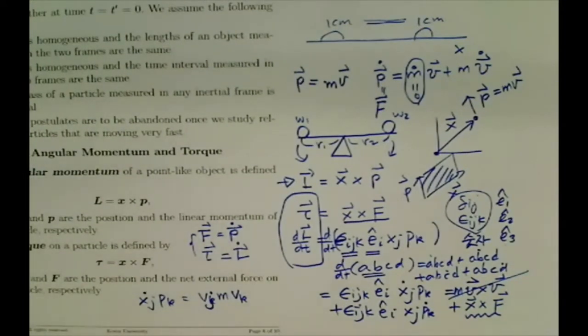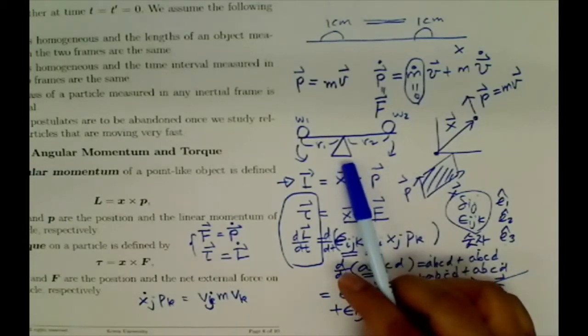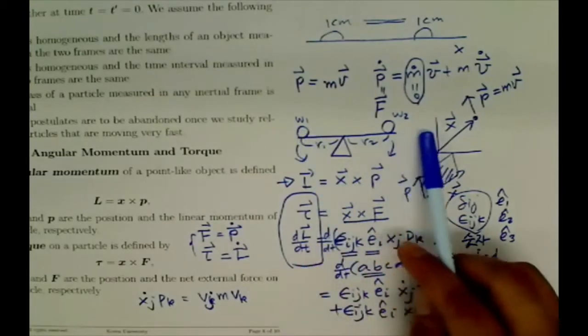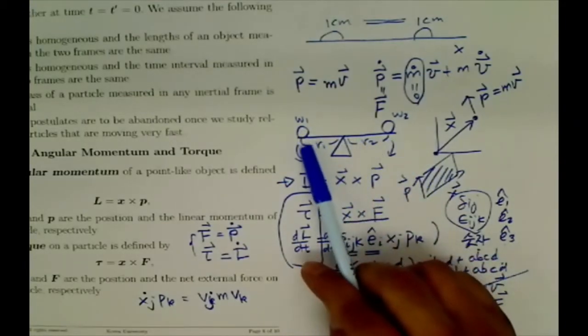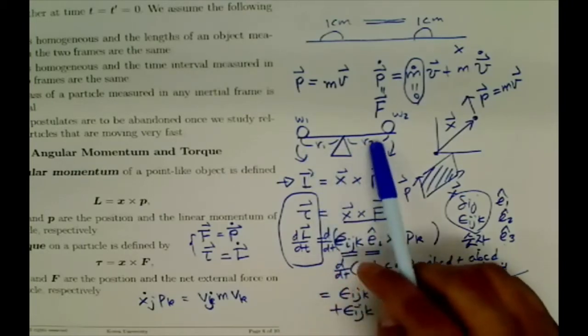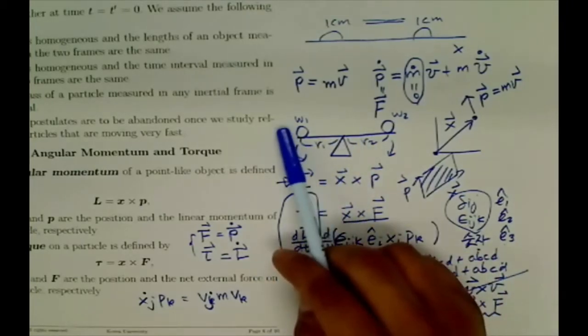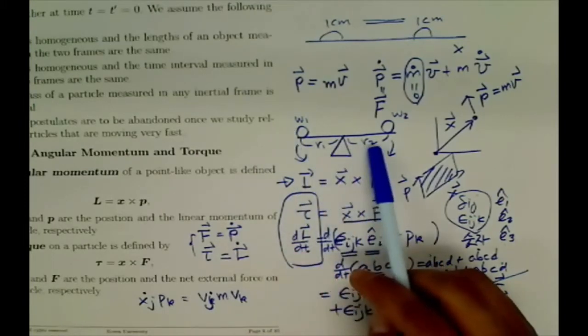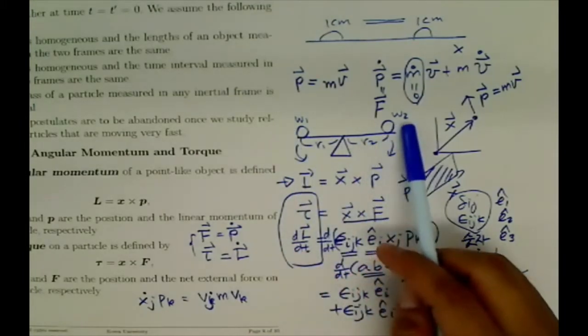This is a kind of torque. This is a seesaw or balance. Weight 1, weight 2, and the lever arms R1 and R2. If we want to make an equilibrium, then the product W1 R1 should be the same as W2 R2.